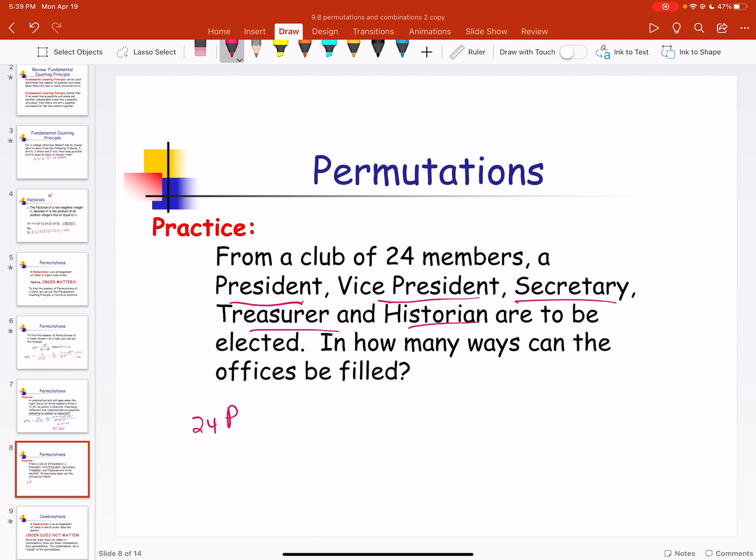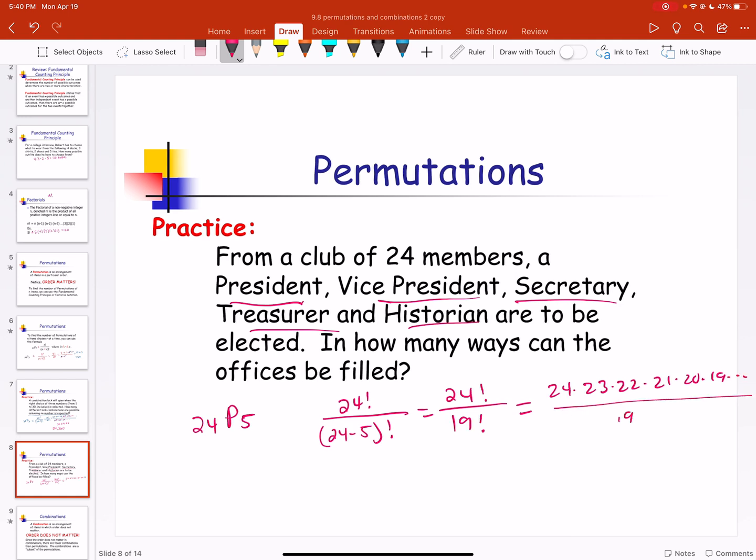So 24 permutation 5, that's going to be 24 factorial over 24 minus 5 factorial, which is 24 factorial over 19 factorial. That's 24 times 23 times 22 times 21 times 20 times 19 and so on, over 19 times 18 and so on.